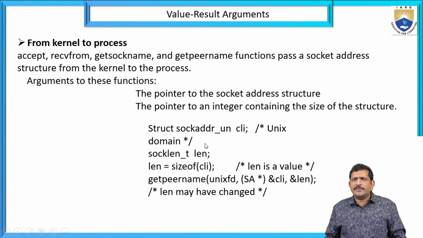Here the struct sockaddr_un is for the Unix domain client. socklen_t specifies the length of the socket, the size of the client, which is assigned to len. Len is a value. In getpeername, the Unix fd and SA socket address is a pointer type which refers to the address of the client, and the address of the length.